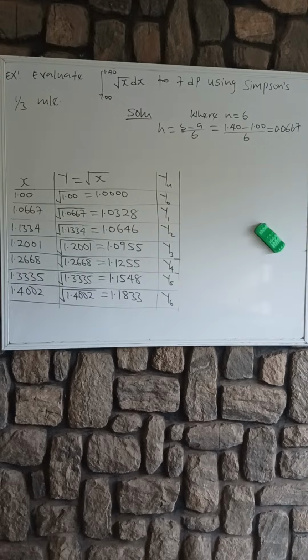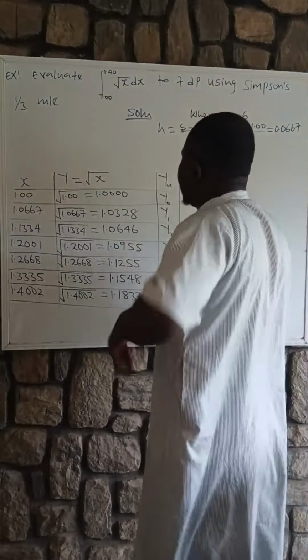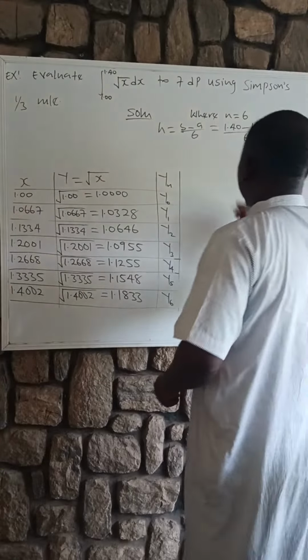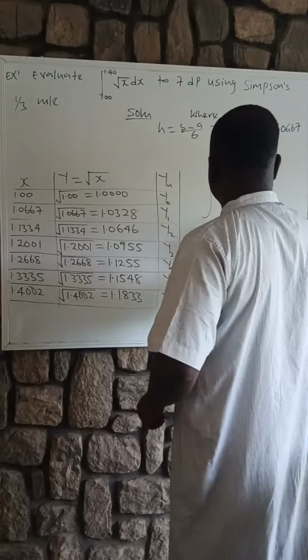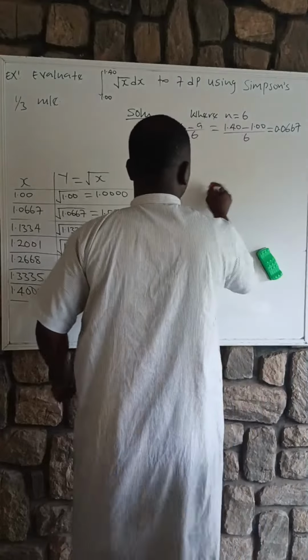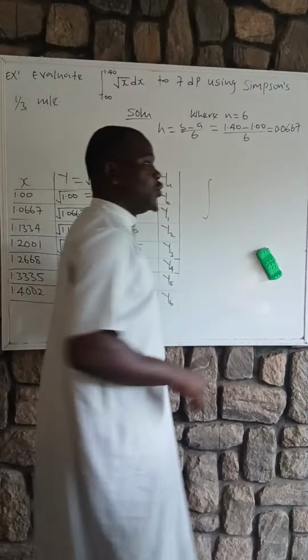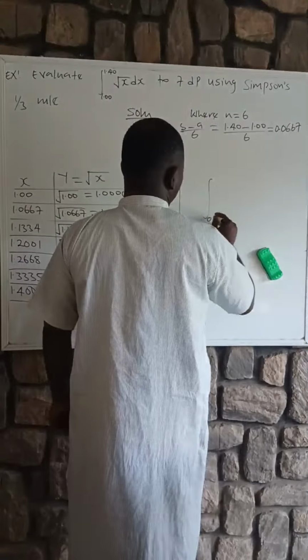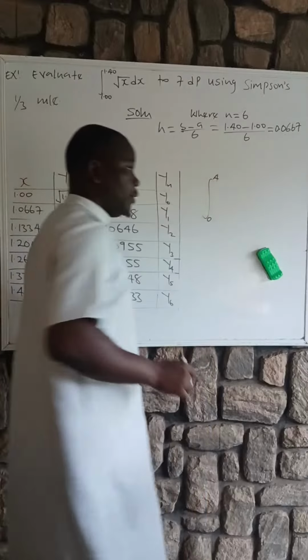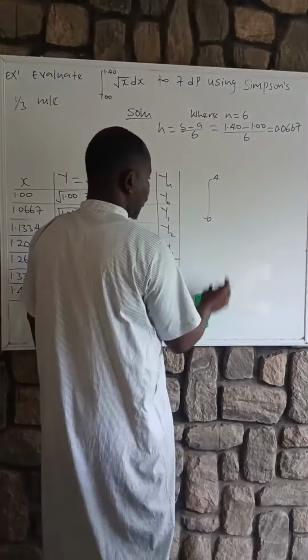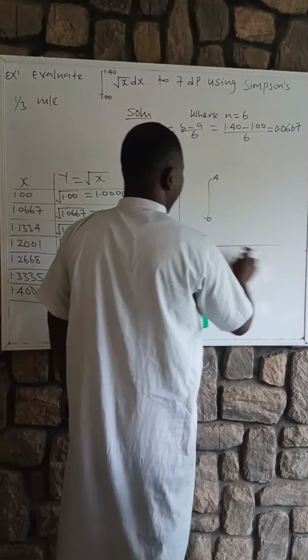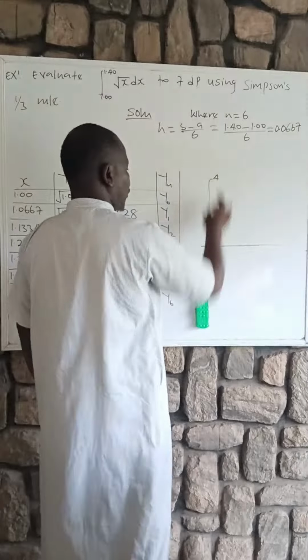Okay, how do they get these 6 numbers? I thought I made it clear now. Assuming the definite integral is from 0 to 4, go to the number line. It means the interval is running from 0 to where? 4.